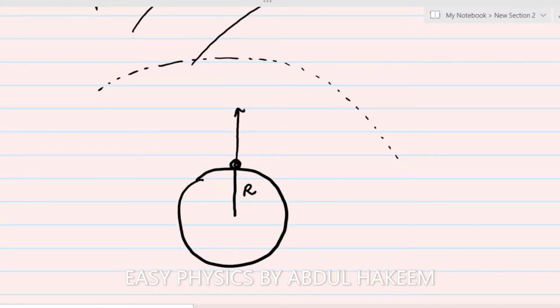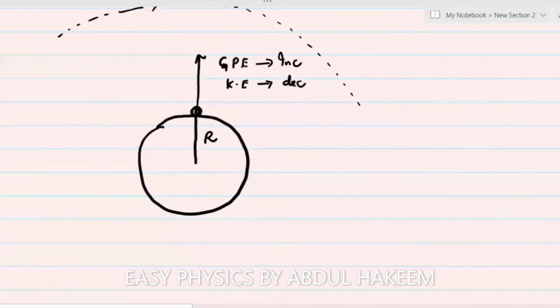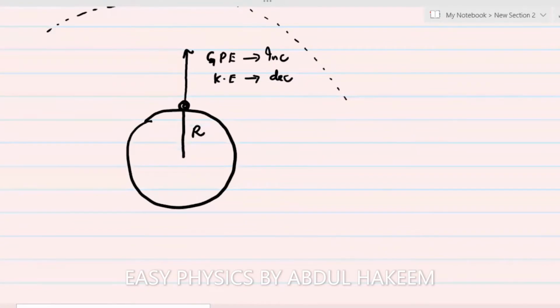Suppose this is the planet Earth. Its radius is capital R, and this is the end of the gravitational field. If the object is moving away from the surface of the Earth, its gravitational potential energy is increasing and its kinetic energy is decreasing. तो जब भी ऑब्जेक्ट को ऊपर लेके जाएंगे, its potential energy increases, its kinetic energy decreases.